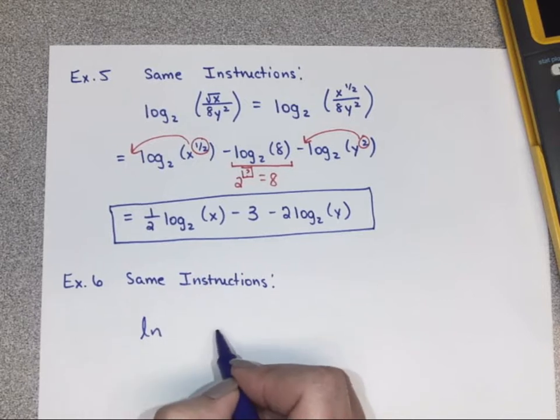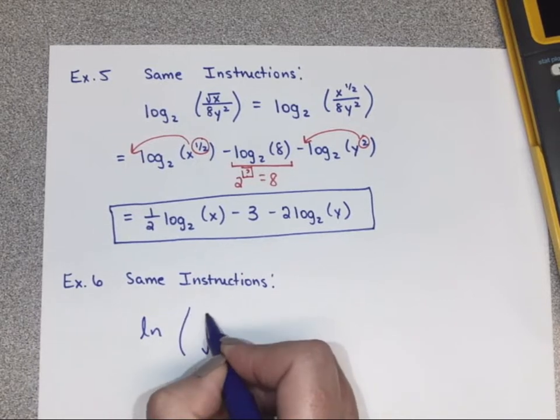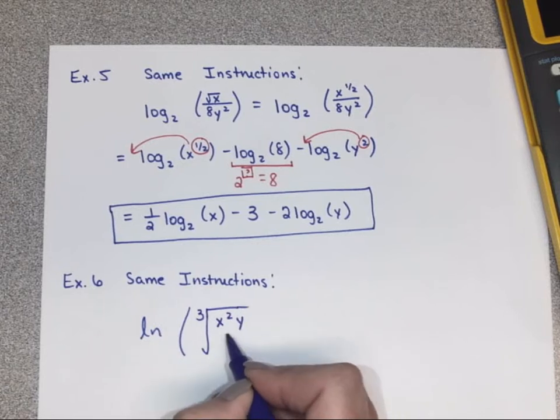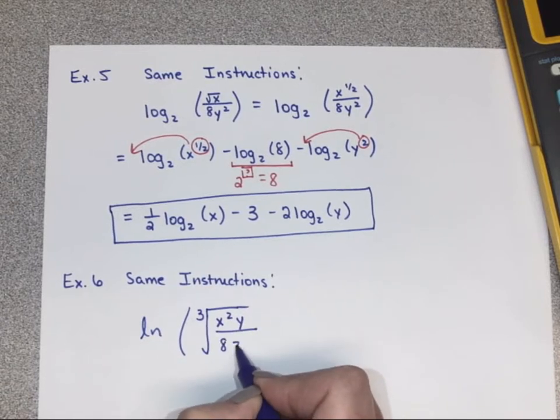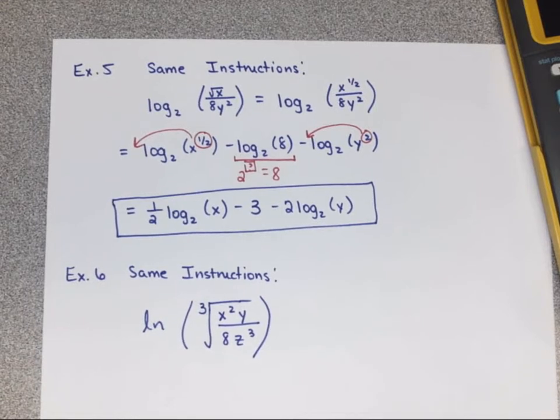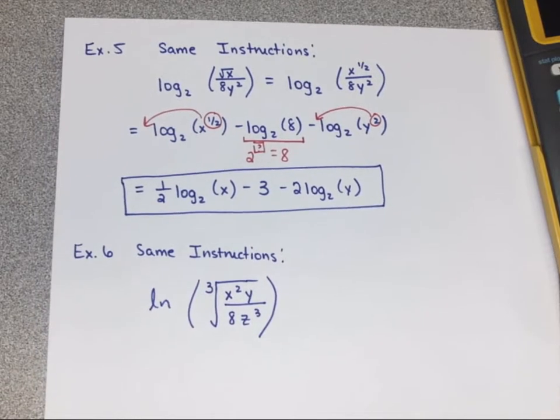All right, so let's say you had the natural log of the cube root of x squared y over 8z cubed. So that's kind of the mother of all logarithm rule problems right here. It looks ugly, but I think that we can handle it.